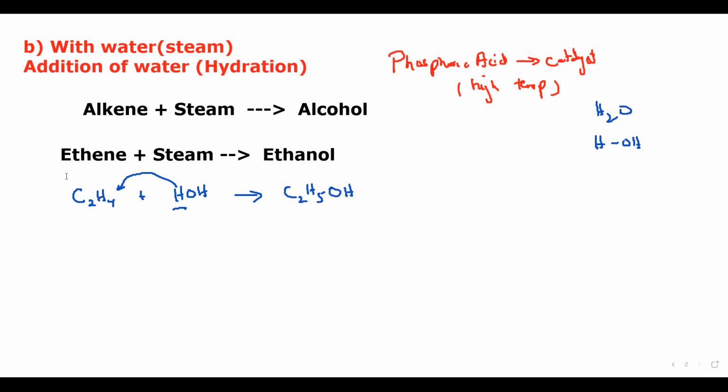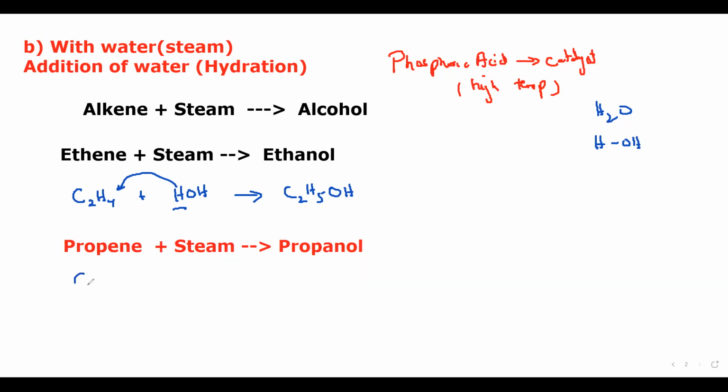Same way, if we have propene plus steam, what will result? It will result in the formation of propanol. So propene plus steam results in propanol. We'll write the formula.